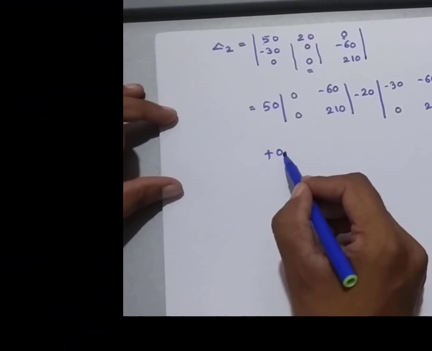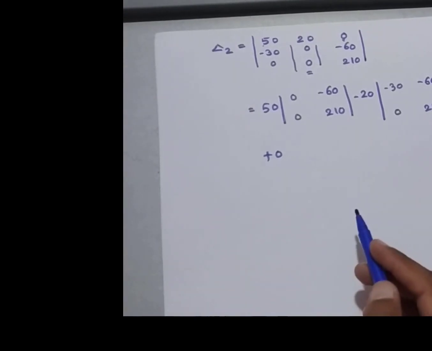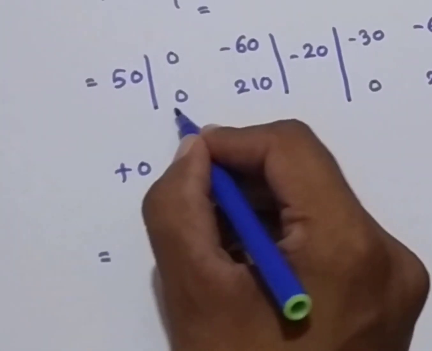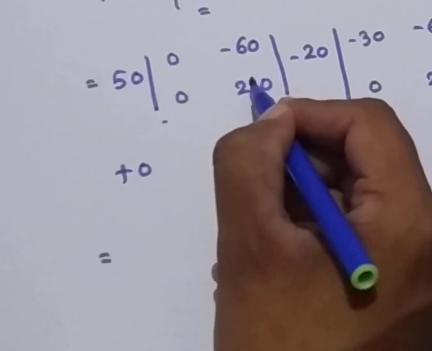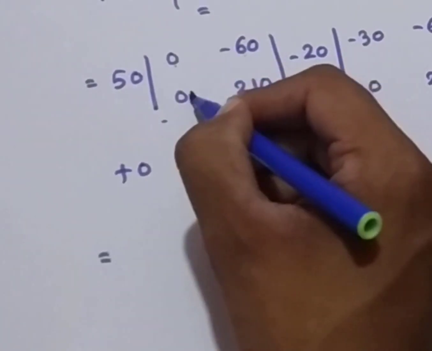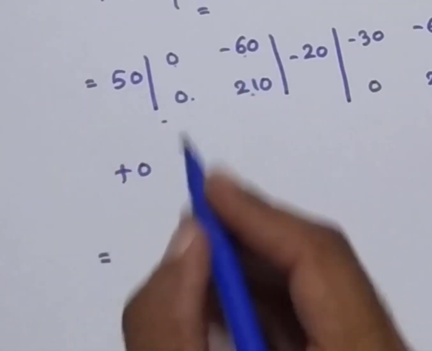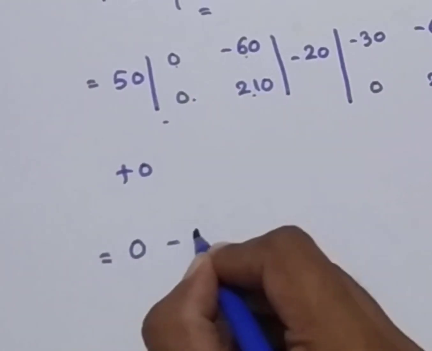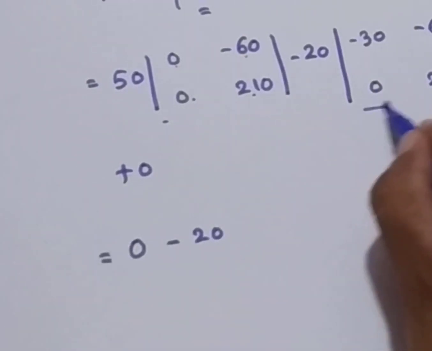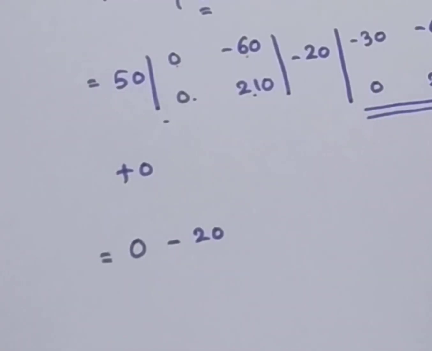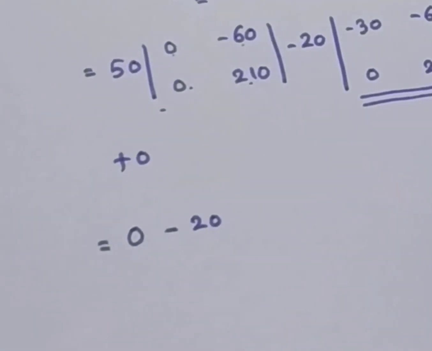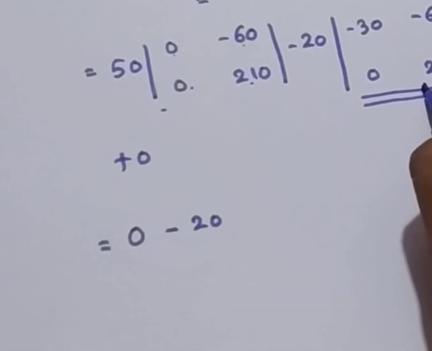Now let us calculate the terms. 50 multiplied by both zeros is going to become 0, so I'm not going to calculate it. It is going to become 0 minus 20, and this term we have already calculated during the calculation of delta, so I'm going to take it directly with its value from the delta calculation.